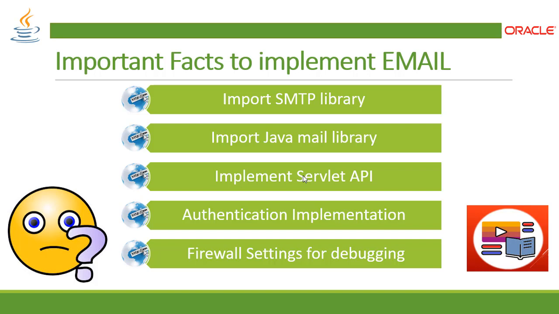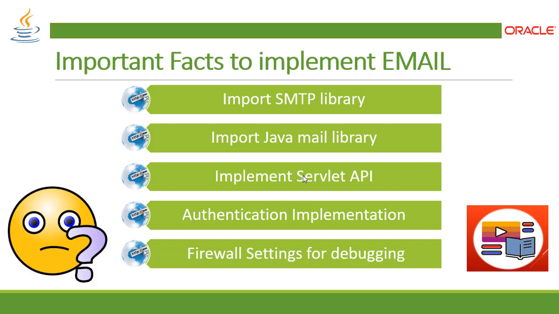Import the Java mail library to call or use all the Java based mail API. Implement Servlet API to maintain the Servlet application. Authentication implementation, it's better to have it in a different piece of code for a particular functionality. So authentication implementation is needed.